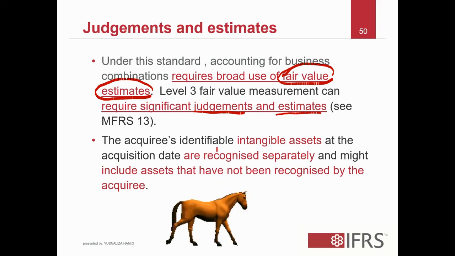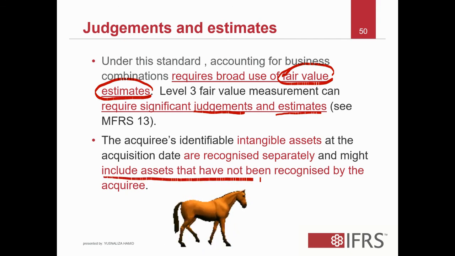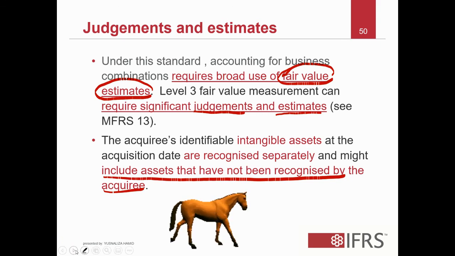Sometimes you may also notice that some intangible assets may have been recognized separately apart from goodwill. Other intangible assets like patents and trademarks are recognized separately because maybe they arise on the day of acquisition, and perhaps before this, those assets have not been recognized yet by the acquiree. So we have to recognize them on the date of acquisition as the acquirer.